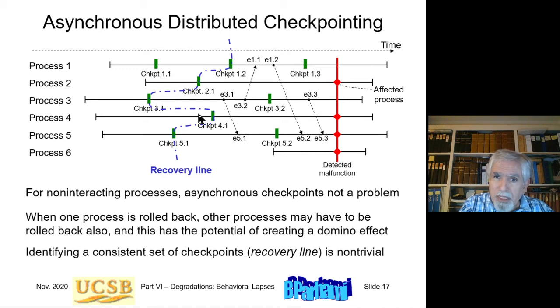If these are the only interactions between them, then these checkpoints form a set of consistent checkpoints, or a recovery line. So when something goes wrong here, I roll them back to these checkpoints in order to maintain consistency. So this is a non-trivial problem.